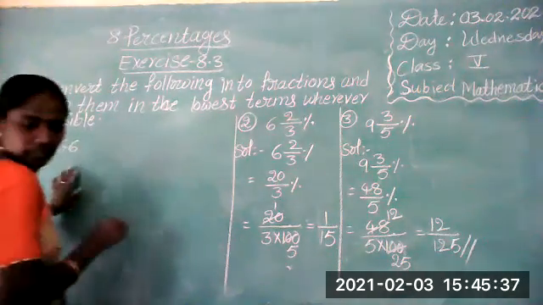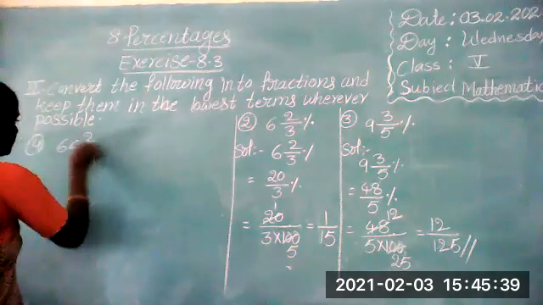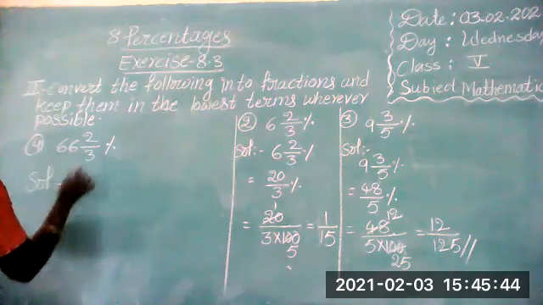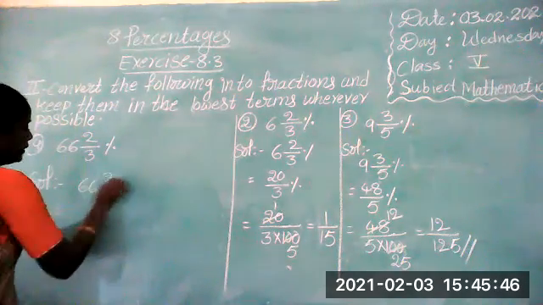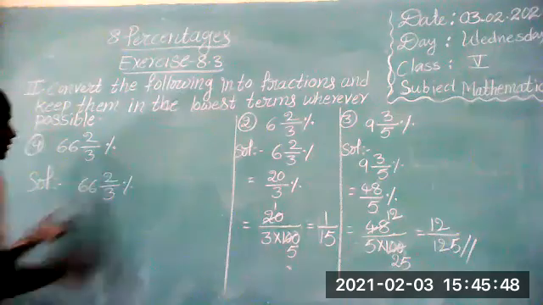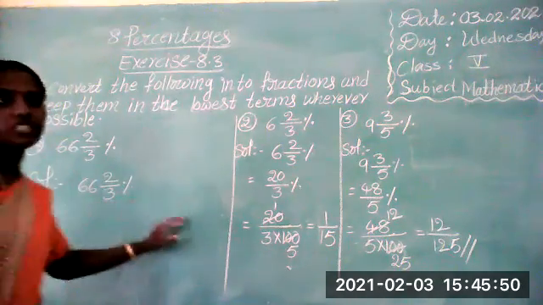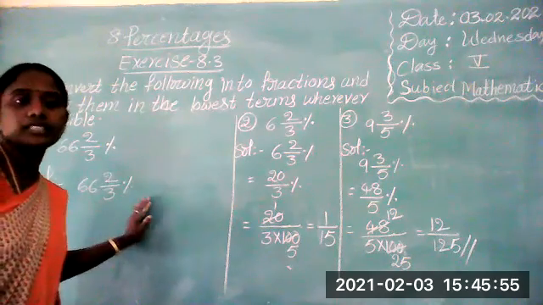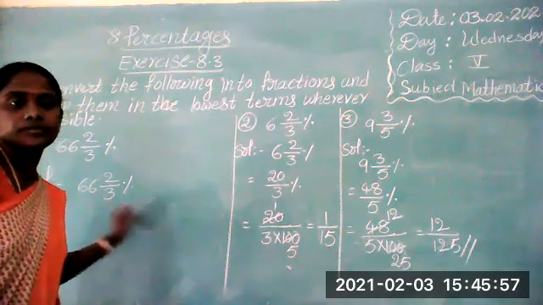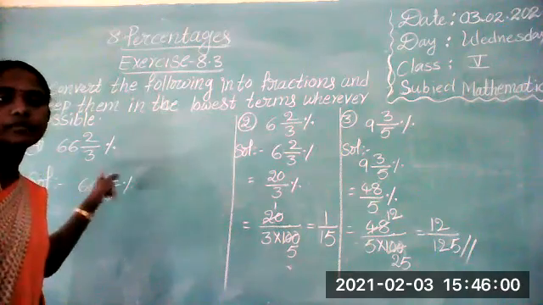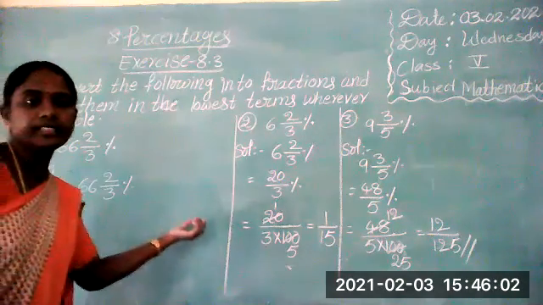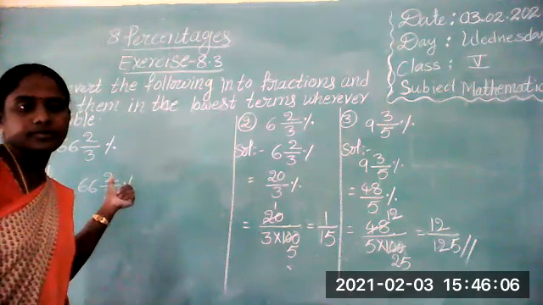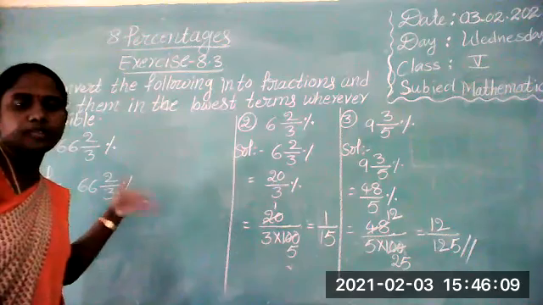66 4 2 by 3 percentage. First, this mixed fraction we change into an improper fraction. 66 into 3. 3 6s are 18. 3 6s are 18 plus 1, 19. Then 198. 198 plus 2.